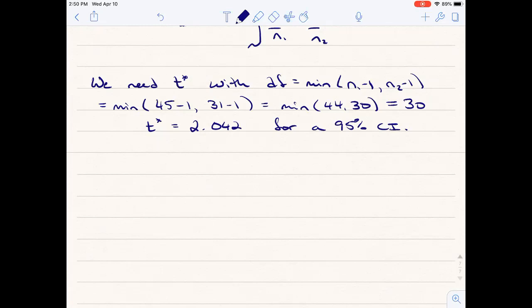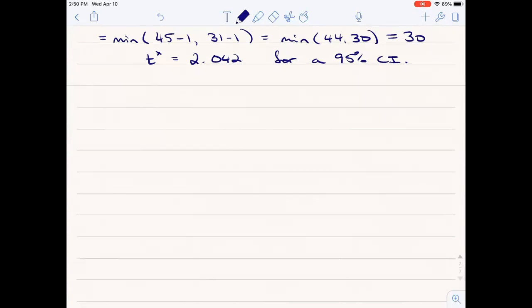So now we have everything that we need. So now we can just plug them in, see what we have. I'll rewrite the empty formula just so it's on the same page: x1 bar minus x2 bar plus minus t star times the square root of s1 squared over n1 plus s2 squared over n2.